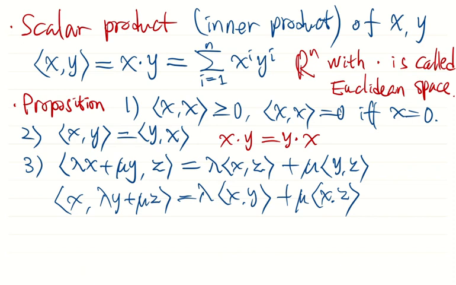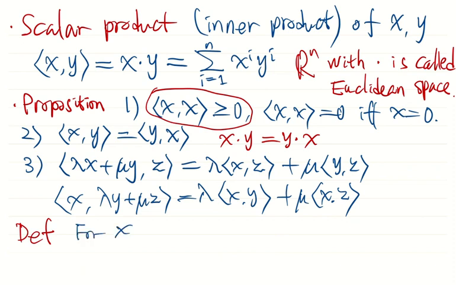Okay. Now we notice this. For any element, the scalar product with itself is non-negative, so that we can define the norm of an element.